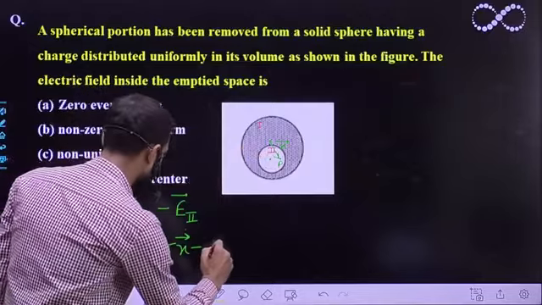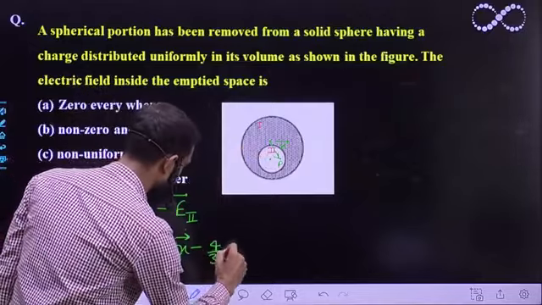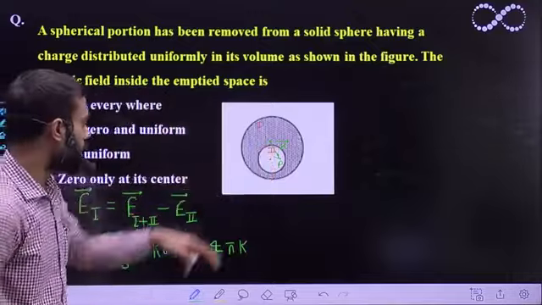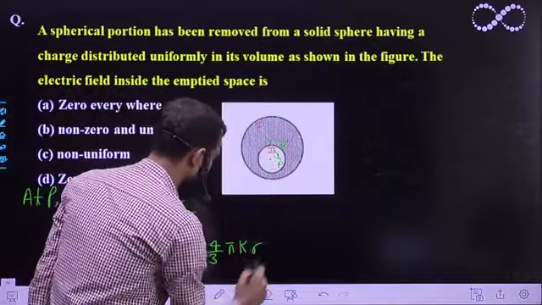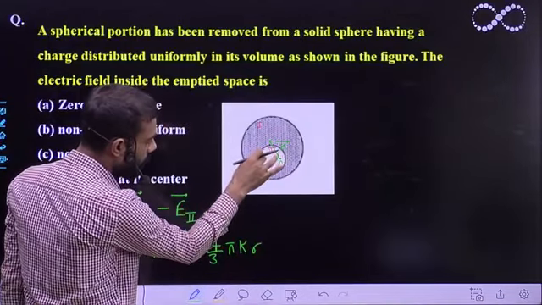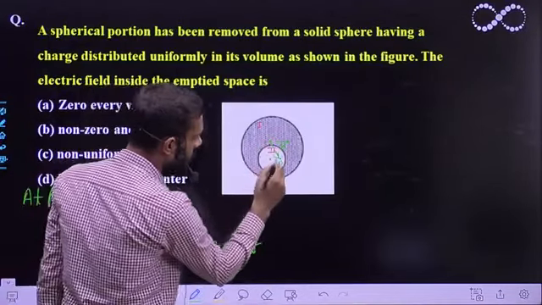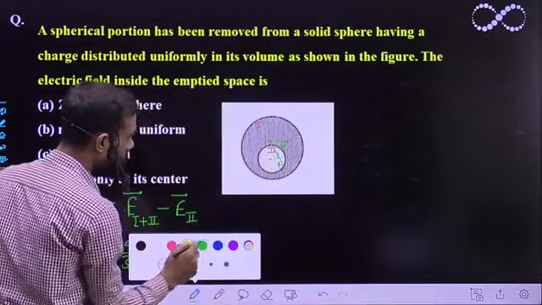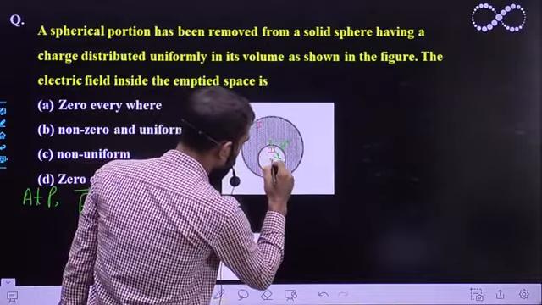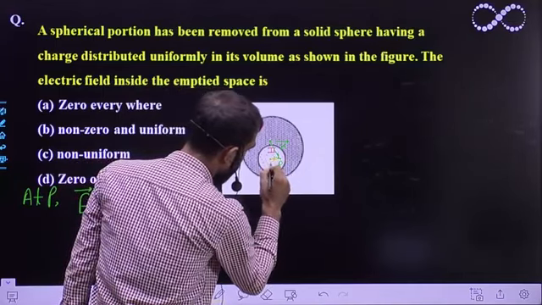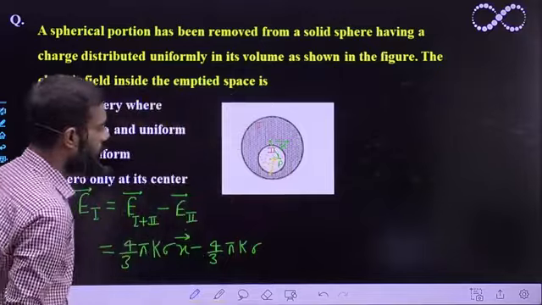Once again you will get 4/3 π k ρ, since the density is the same for both. Let us take the position vector of point P with respect to the center of this smaller cavity as y vector.